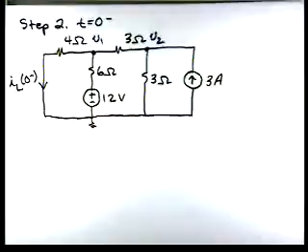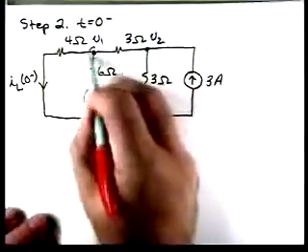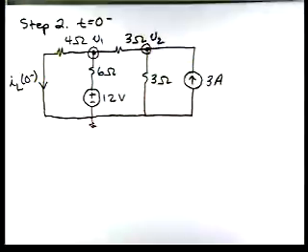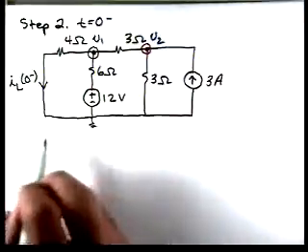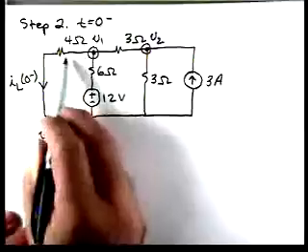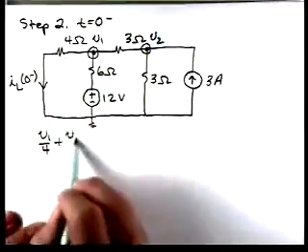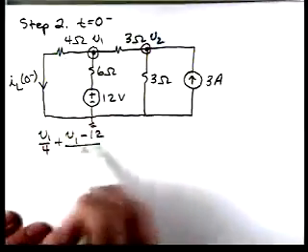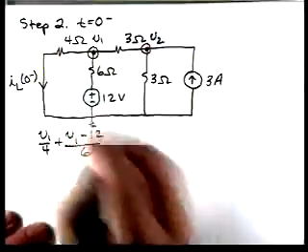And now let's apply Kirchhoff's current law to those nodes. So for the node on the left, we'll have V1 over 4. That's the current leaving in this direction. Then we'll have V1 minus 12 over 6. That's the current flowing down.